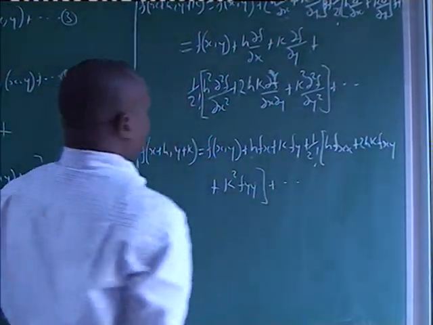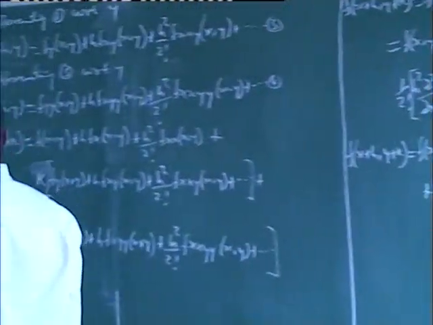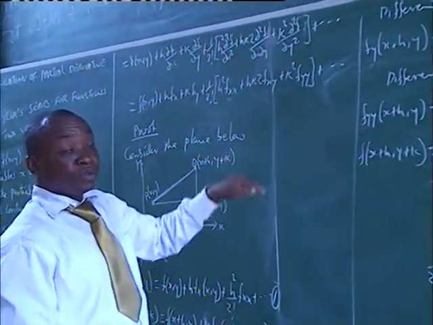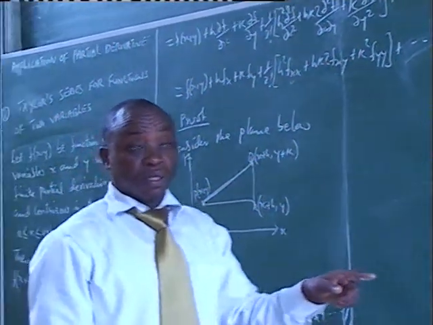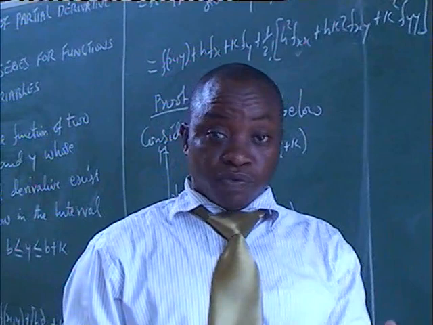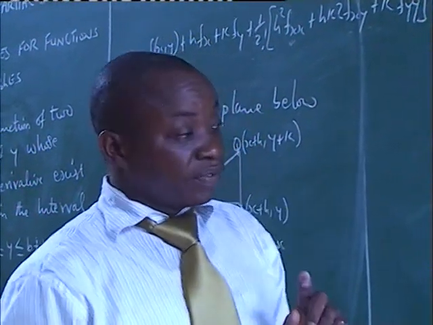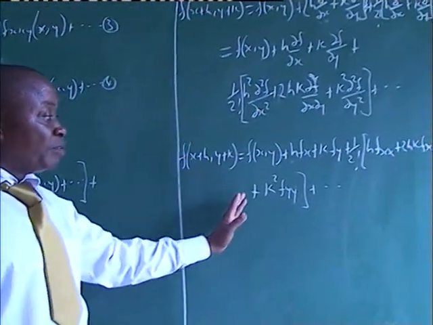Now if you compare this with what it states here, you are able to show that for any function of 2 variables, say x and y, if you expand the function, the increase in x and y will give you this.